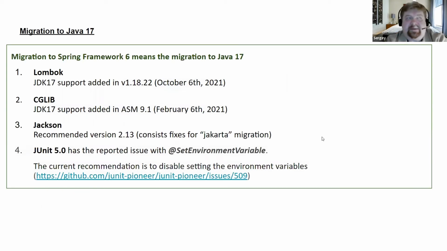I did a small research, and I've checked the most popular and widely used libraries in each Java project, like Lombok, CGLib, which is used for reflection and creating proxy classes, Jackson to convert JSON, and JUnit for the testing environment, and how they support the current Java 17 version.